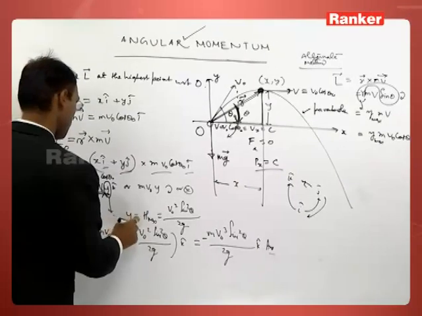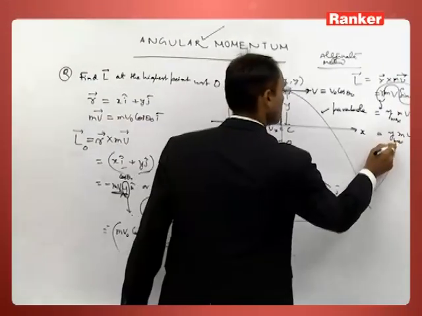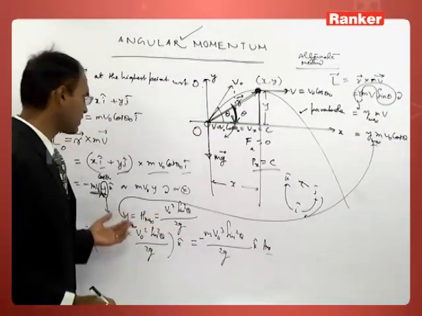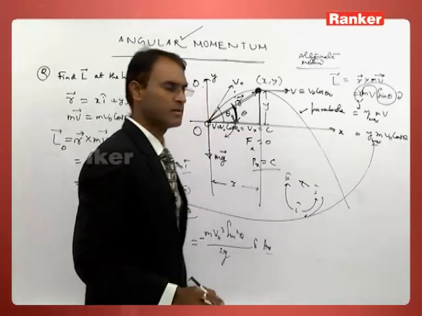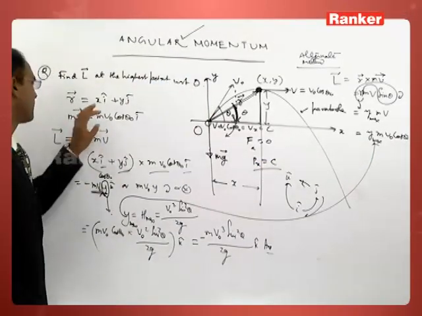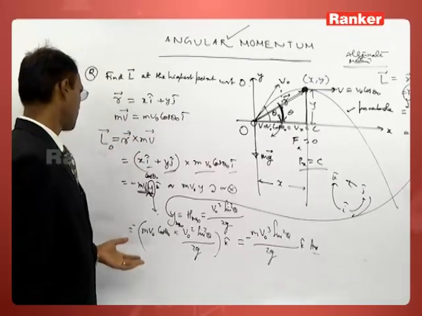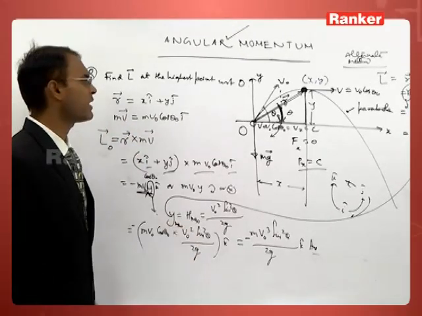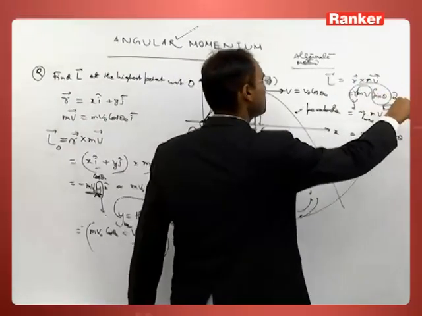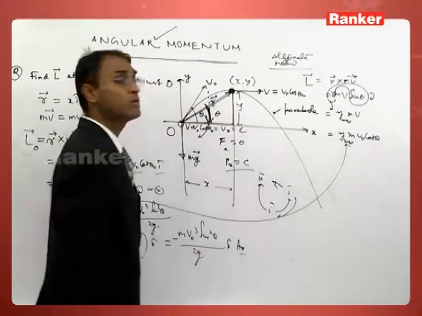And already you have calculated, you can just substitute to get the same answer. So with a slight change of the first step, you can get the same answer. A clockwise direction means minus k cap direction or inward direction.